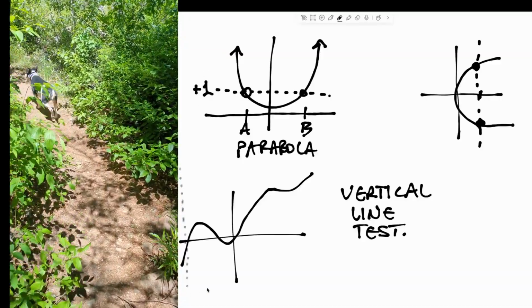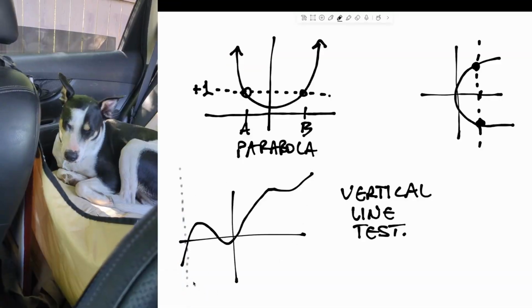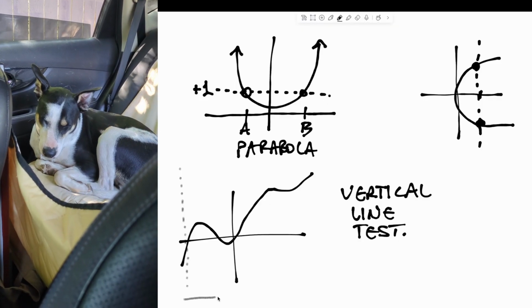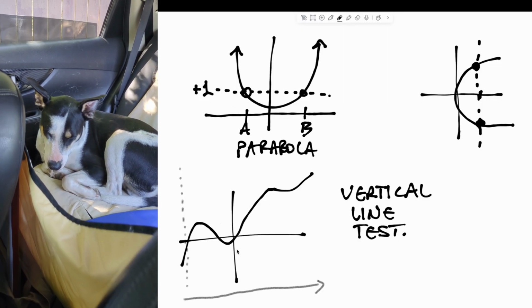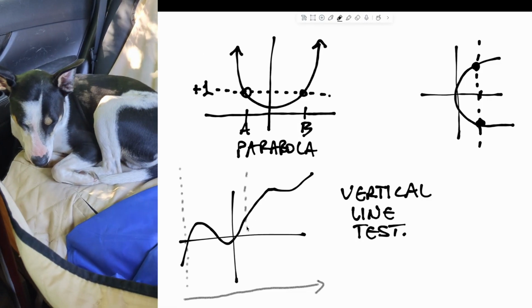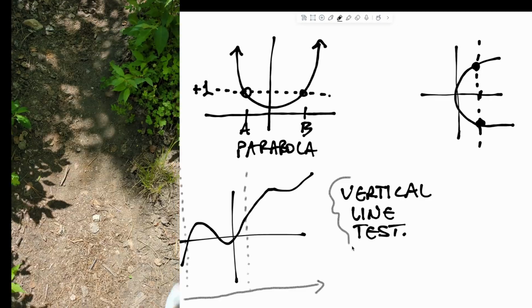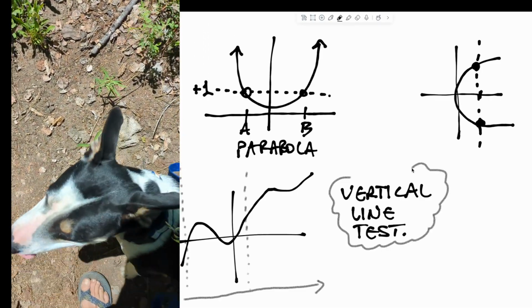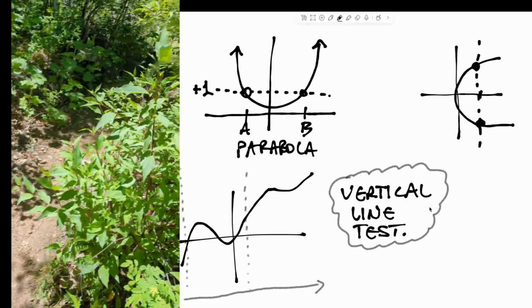So might as well think about this from left to right, though you can do it from right to left. Either one, you're scanning and you're making sure that for any moment along this graph, you're only crossing that graph once. This is a vertical line test. It's, however, informal. It's not a rigorous mathematical argument. So keep that in mind.